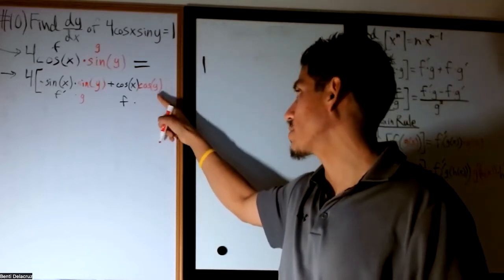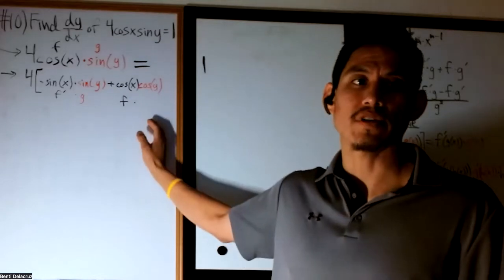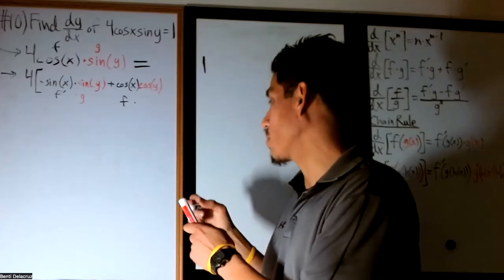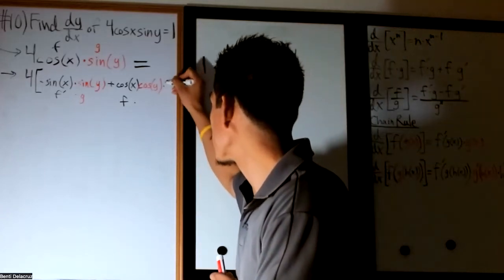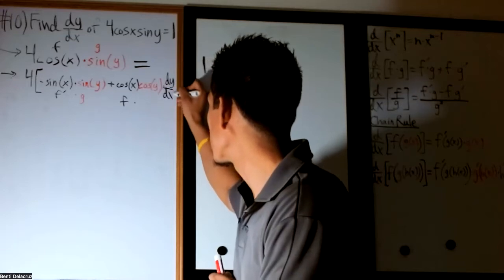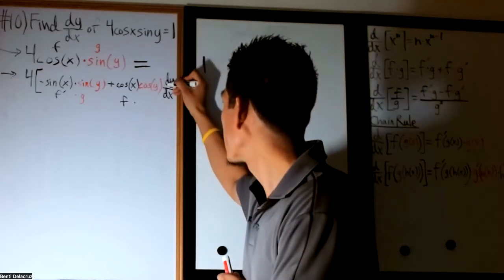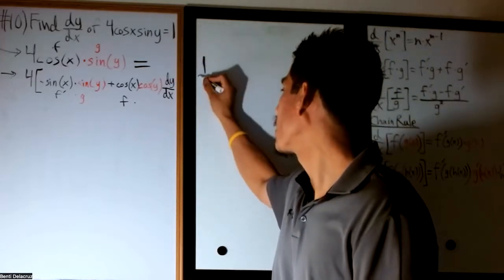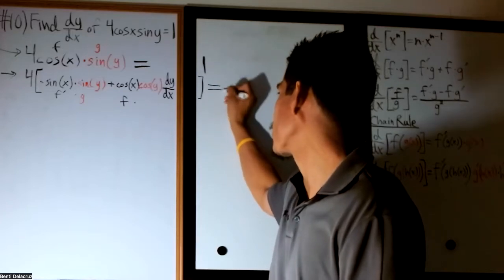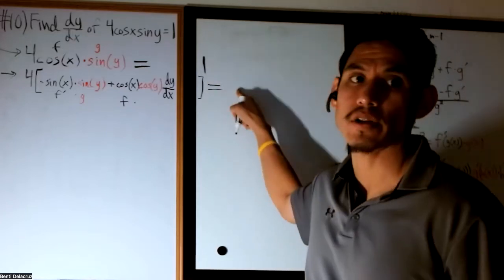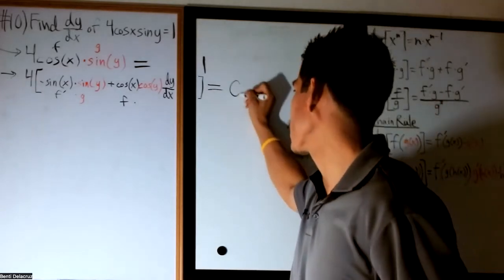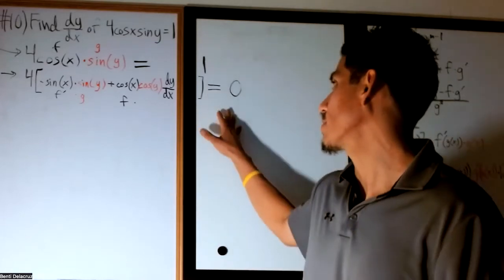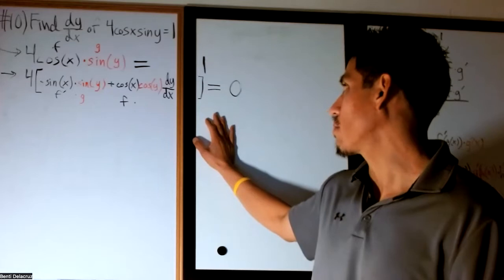Now here, when you take the derivative of a term with y, we're going to need to multiply this by dy dx. And all grouped together, all that is equal to the derivative of 1 on the right side. So the derivative of 1 is just 0. Probably should have made it look a little bit neater, but let's just go with that.